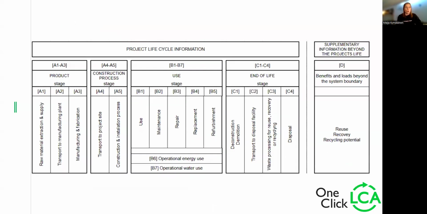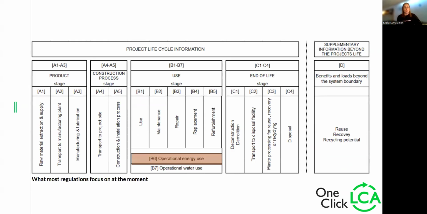So this is a more common representation of the building's life cycle stages according to EN 15978. So here you can see the same stages and modules as in the previous slide. And you can also see how the module D is here cut from the actual system boundaries by this dashed line that reminds us that this is supplementary information only, so it's situated outside the actual system.